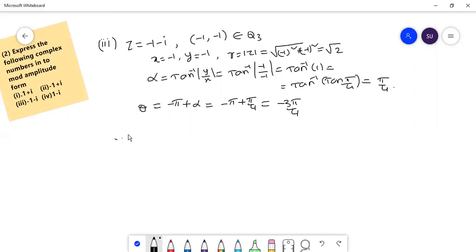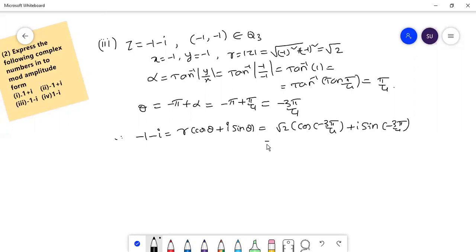Now therefore the mod amplitude form of minus 1 minus i is equal to r into cos theta plus i sin theta, which is equal to root 2 into cos of minus 3 pi by 4 plus i into sine of minus 3 pi by 4. Now what is cos of minus theta? Which is cos theta.